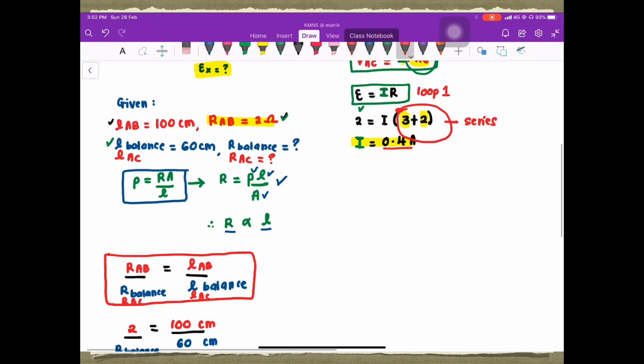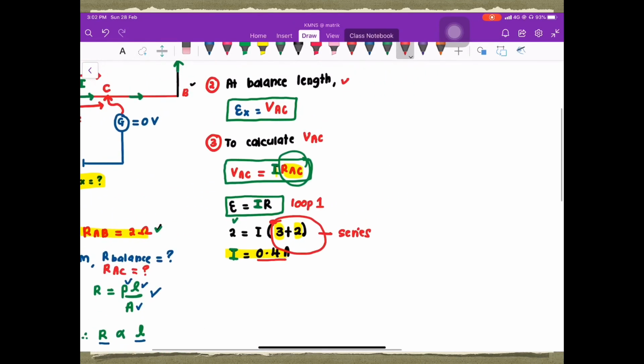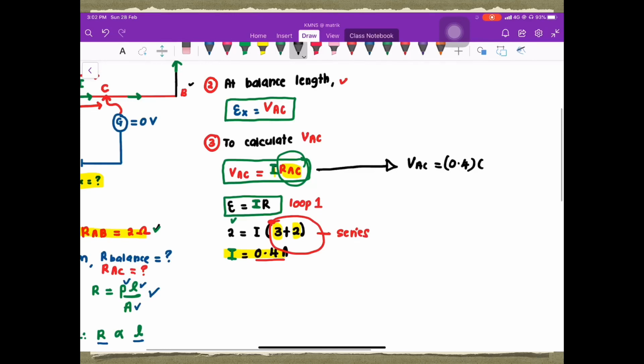Then substitute here because we want to determine VAC. So VAC equals current, 0.4 ampere, times 1.2 ohm. So we get 0.4 times 1.2.